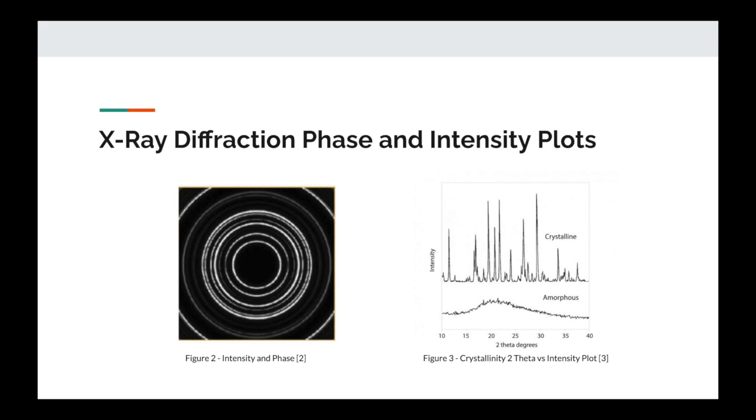In figure 2, there's a photo on the left-hand side of concentric circles with different intensities. These circles are the phase, and each phase has its own intensity.